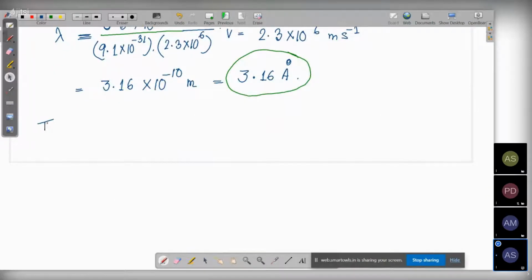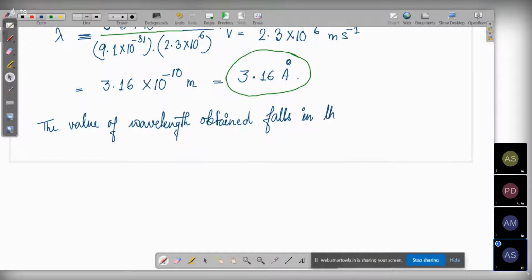The value of wavelength falls in the X-ray region.